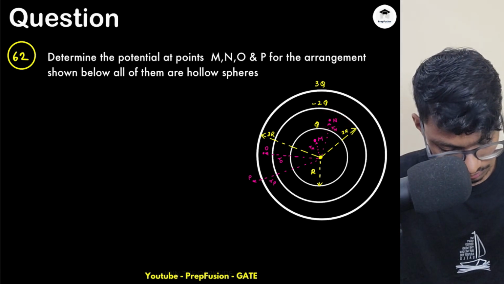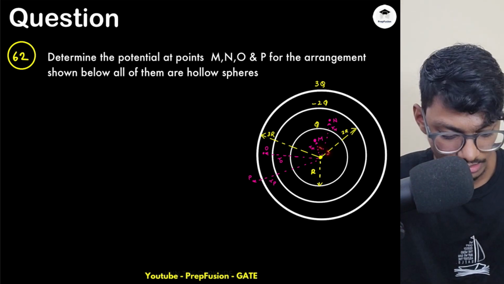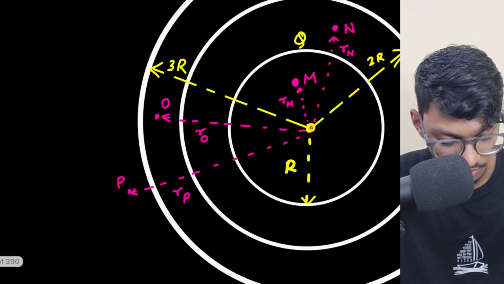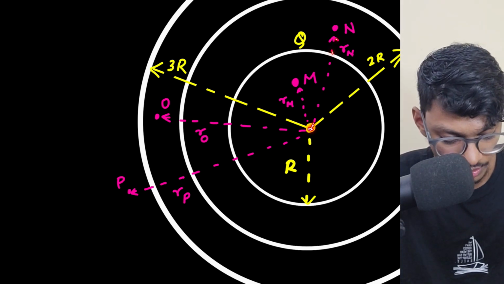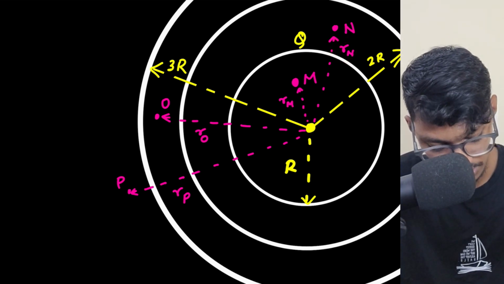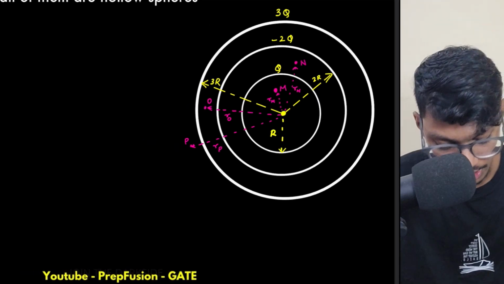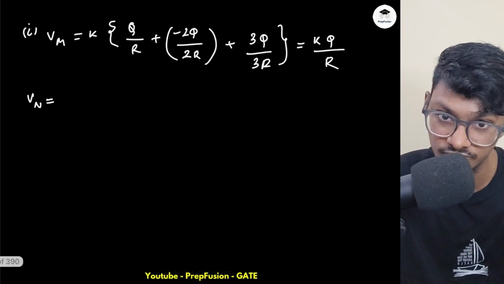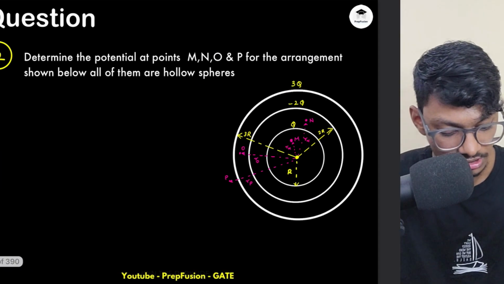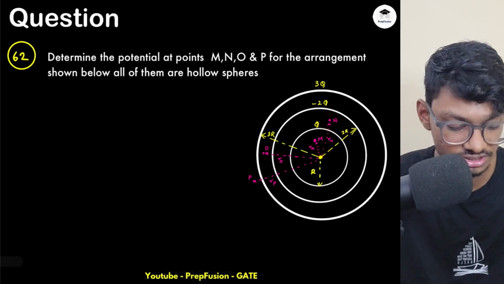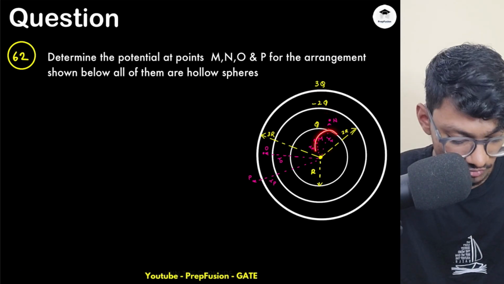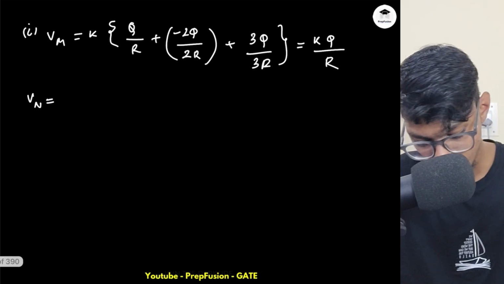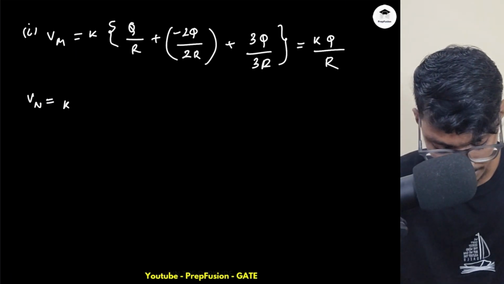At point N, for the first sphere, I am outside. So I will directly take the distance from the center of the sphere to here, that is Rn. I will choose this Rn for the first sphere only. For the other two spheres, I am actually inside, so the potential will be constant. For the first sphere, the potential will be a function of the distance from its center, Rn. So K is constant outside.